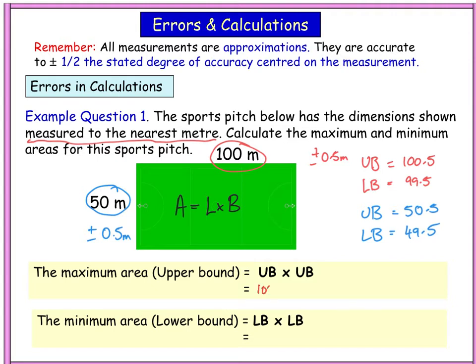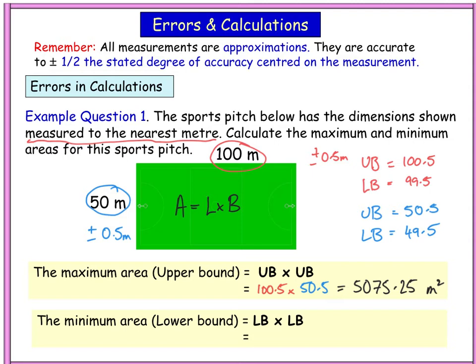We're going to do 100.5 multiplied by 50.5. And it's just straight into the calculator, and this is one of those few questions where you generally put all the decimal places from your calculator in the answer. So that's 5,075.25. Again, we're talking area, so it's in metres squared.